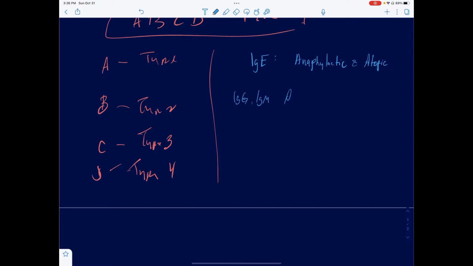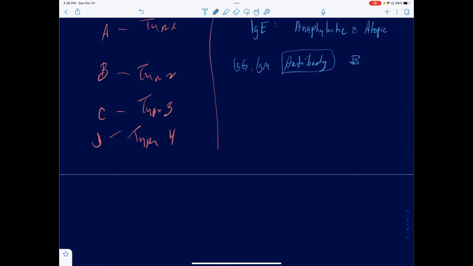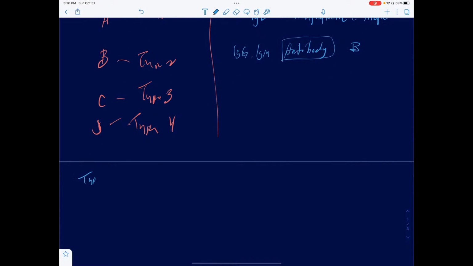And this is an antibody kind of a reaction. So it's an antibody mediated hypersensitivity reaction. And this is the second letter, which is the letter B. So letter A, IgE, anaphylactic, type 1.